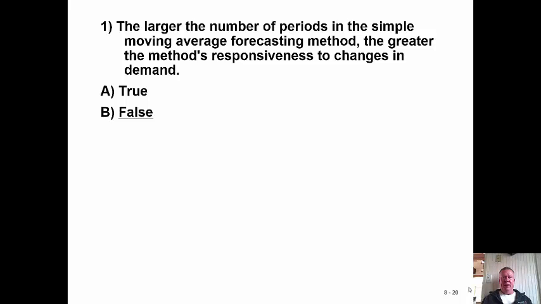Anyway, stable demand. So bringing in a large number of periods can be good to capture that, but it also limits the responsiveness. If you have a trend established, a moving average and even a weighted moving average isn't going to capture it as well as some sort of linear regression or other method.